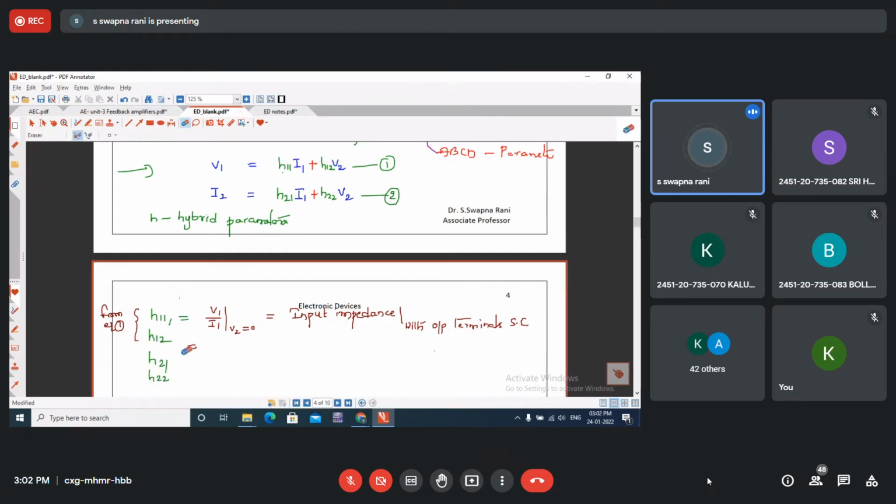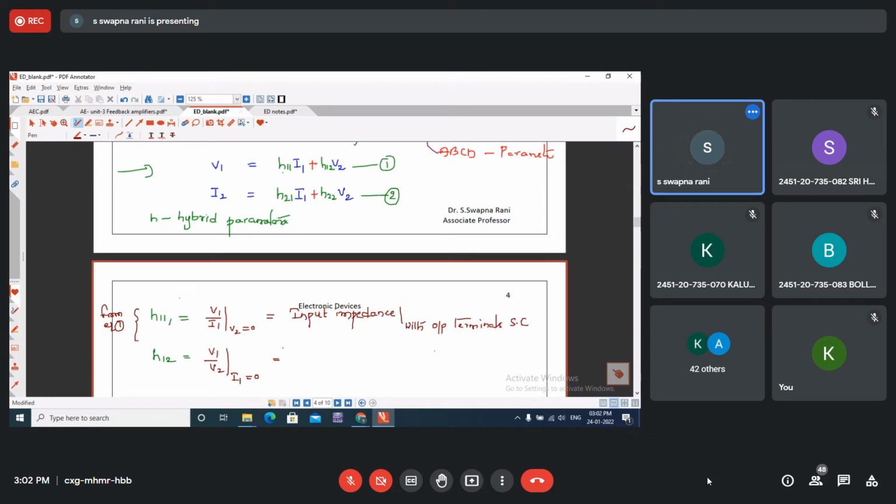In a similar way, from the same equation, how can we write H12? H12 is V1 by V2 with I1 equal to 0. What is V1 by V2? Input voltage by output voltage.